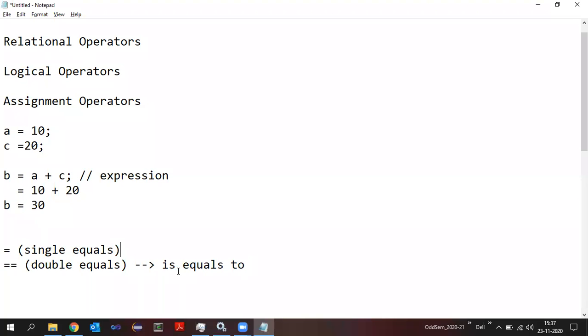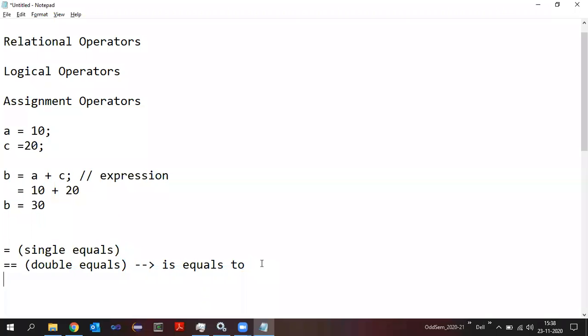Right. Now onwards in our C programming, wherever you find a single equals, that means it is the assignment operator. And when you find two equals symbols, that means it is the relational operator, which compares the two values for equality. That is how you need to remember.